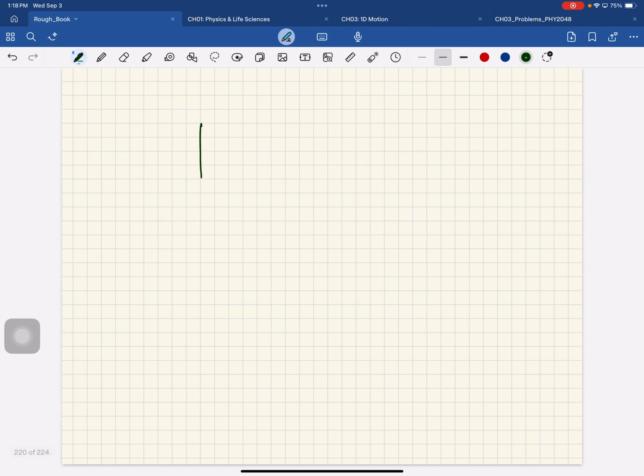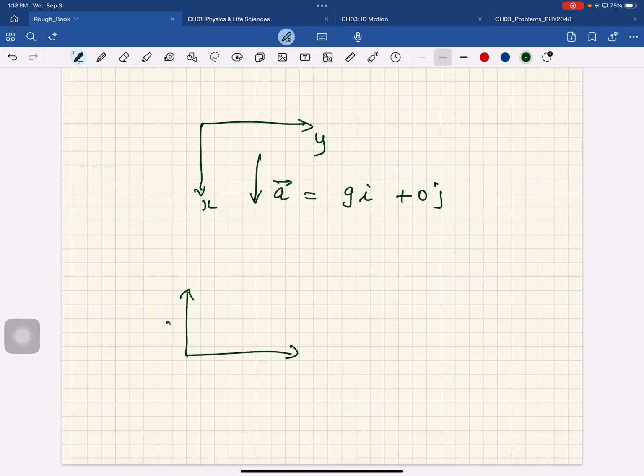Let's say for some reason I chose to draw my axis like this. The gravitational acceleration vector is always pointing down. It's g i plus 0 j.